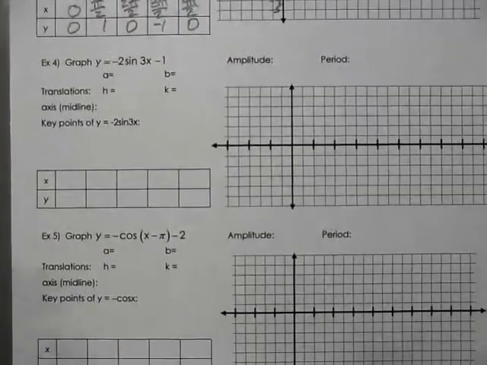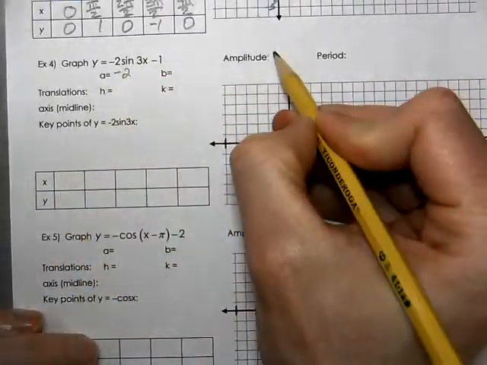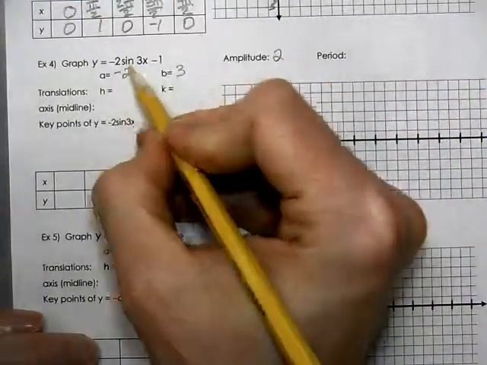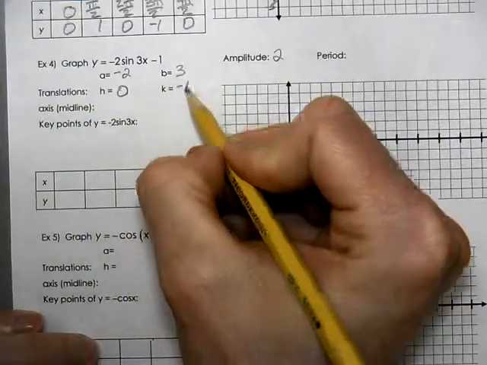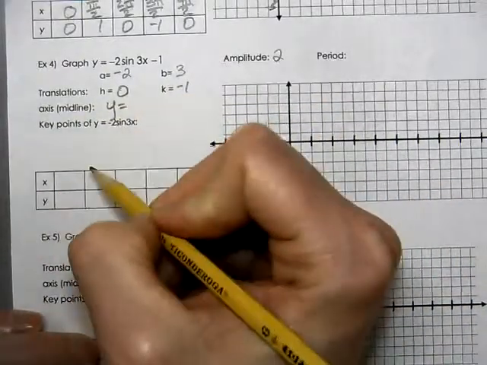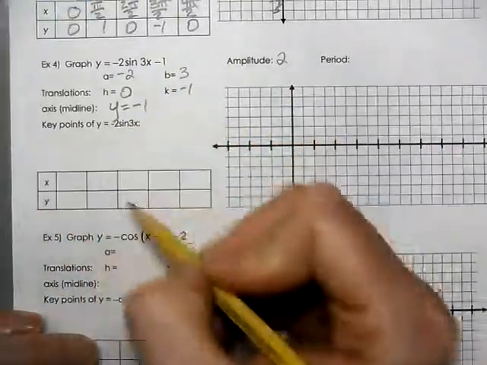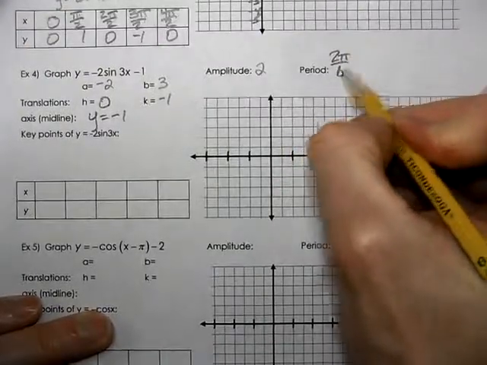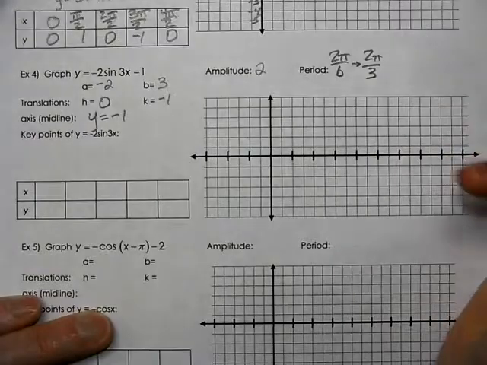Our next graph, we're looking at an A value of negative 2, which gives us an amplitude of 2, a B value of 3, there's no parentheses, and our K value is negative 1. So I'm expecting the midline to be at our K value, which is negative 1. The period is 2 pi divided by B, so 2 pi divided by 3.